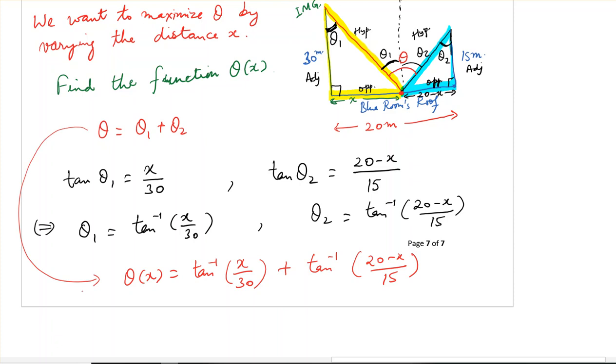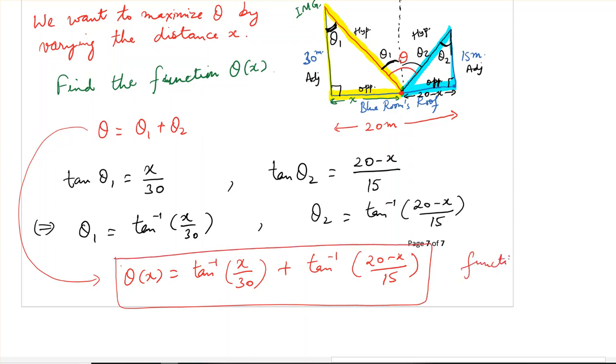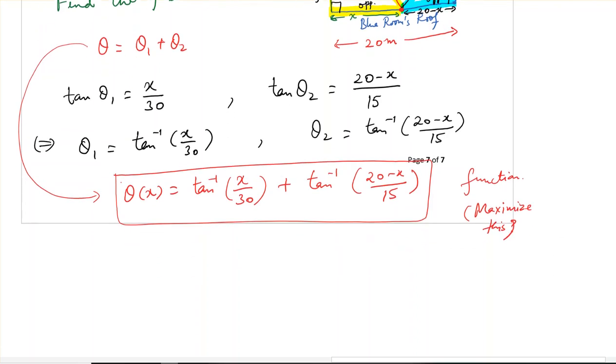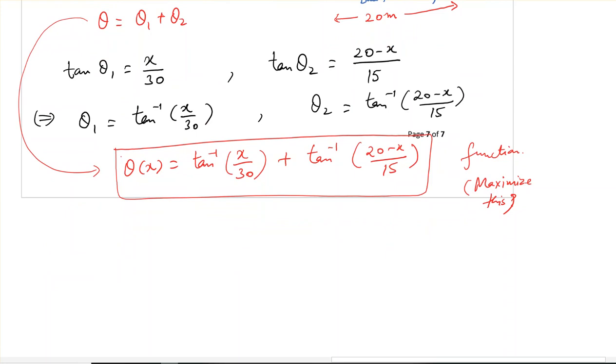This is our main function which we want to maximize now. And we want to figure out for what values of x this has the maximum value. So we're going to take our first derivative now.